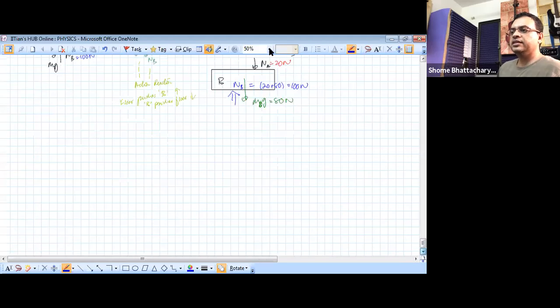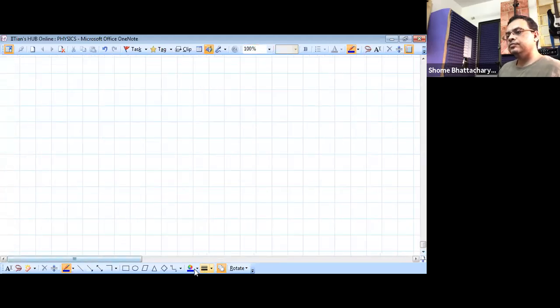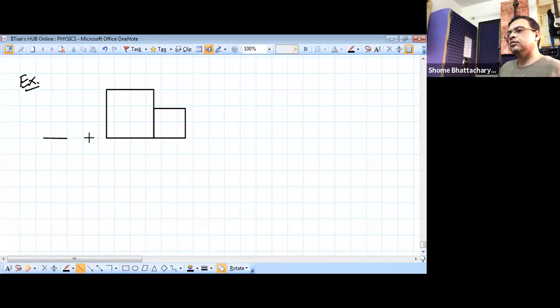Okay, let's look at another example to understand this. So now suppose I have this situation. There are two blocks which are kept against each other on a frictionless surface.